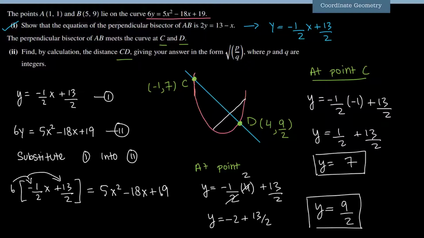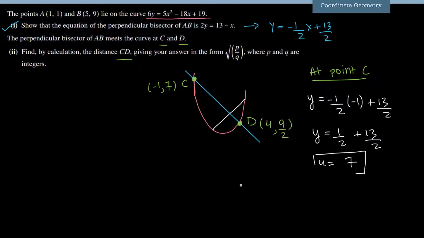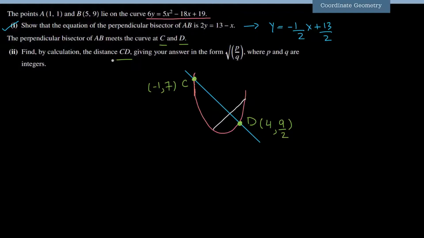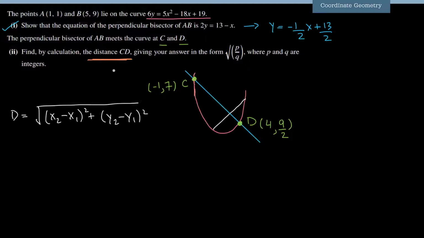Now since we have found the coordinates of both of these points, let's find the distance CD. We have learned that the formula of the distance is square root of x2 minus x1 whole square plus y2 minus y1 whole square. Let's name this coordinate as x1, y1 and this as x2, y2.